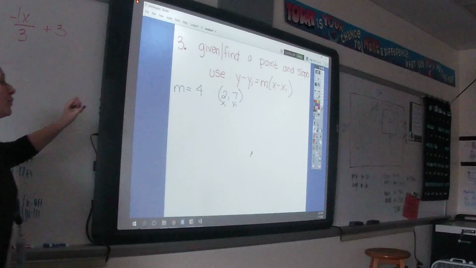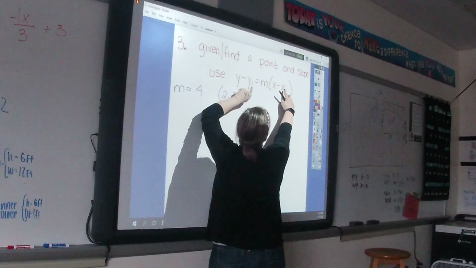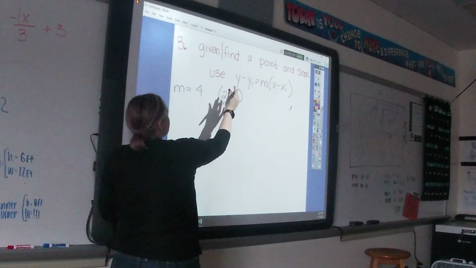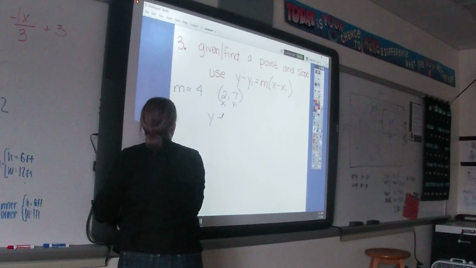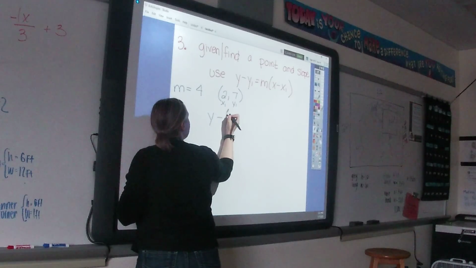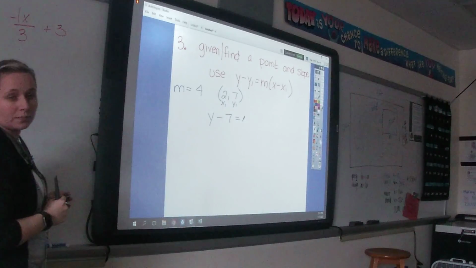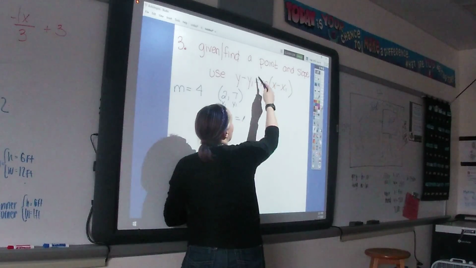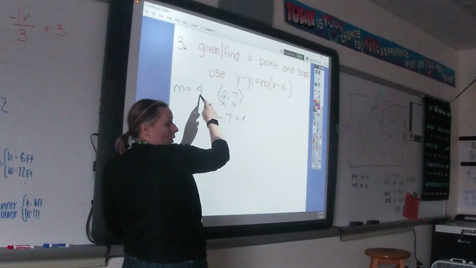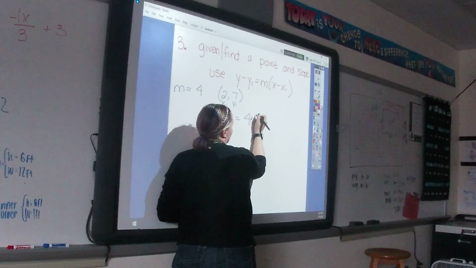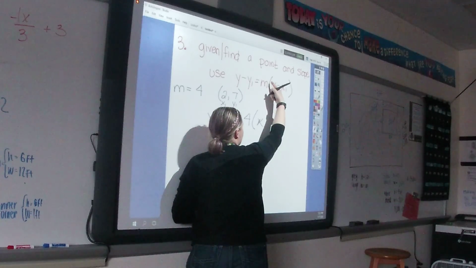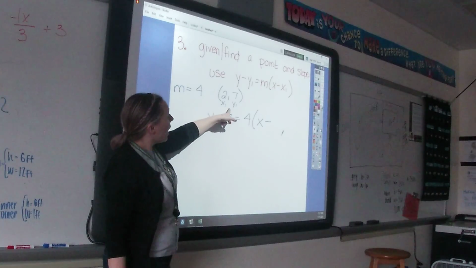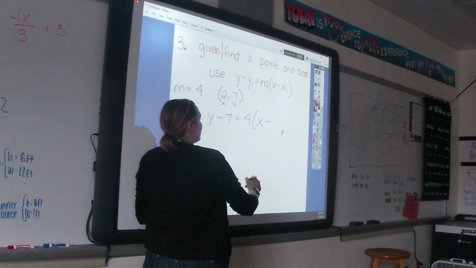So we're not plugging it in for this x and y, but for our specific one that has a value with it. So we will say y minus, our y sub 1 is now 7. y minus 7 equals, then we go to our m. So our m is now 4, times parenthesis x minus 2, since our x sub 1 is now 2.